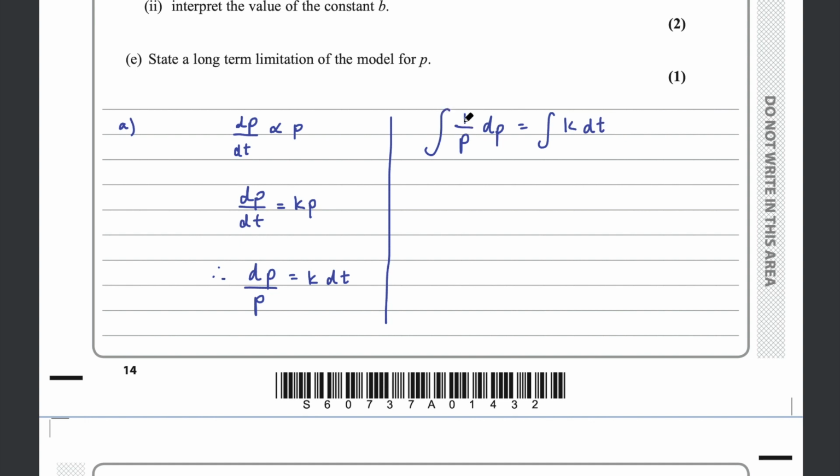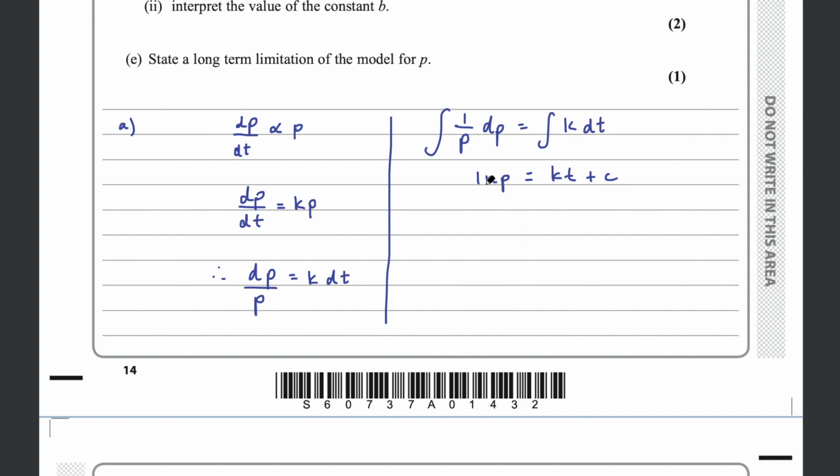Now the integral of 1 on p with respect to p is going to be the log of p, and this equals the integral of k with respect to t. Well, this is just some constant, so we can write that as kt plus some constant c. Imagine this was say 3, the integral of 3 with respect to t would be 3t. So we've taken the integral of both sides, and now we want p by itself.